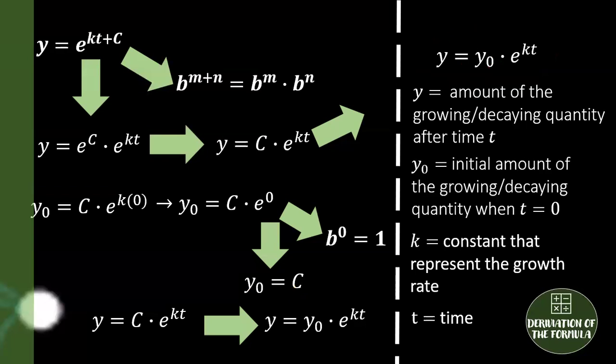So when you, for example, observe a Petri dish and count 10 mites, that will be your y sub 0. So the initial amount of mites inside the Petri dish is 10.